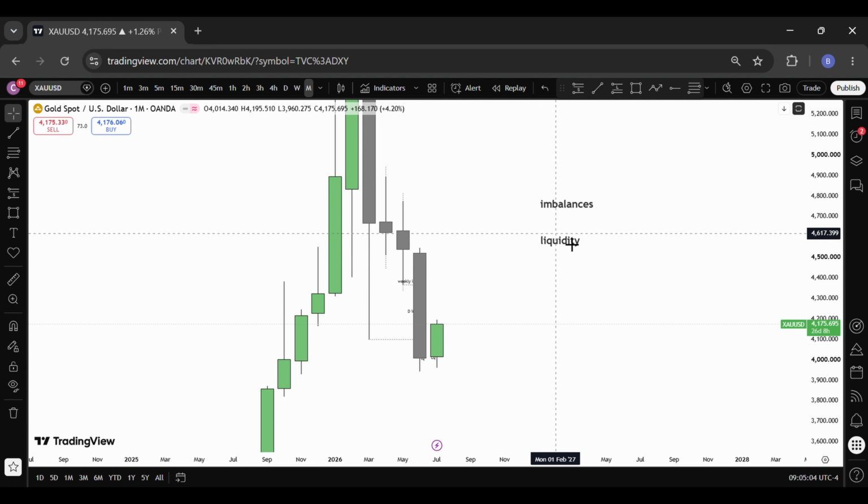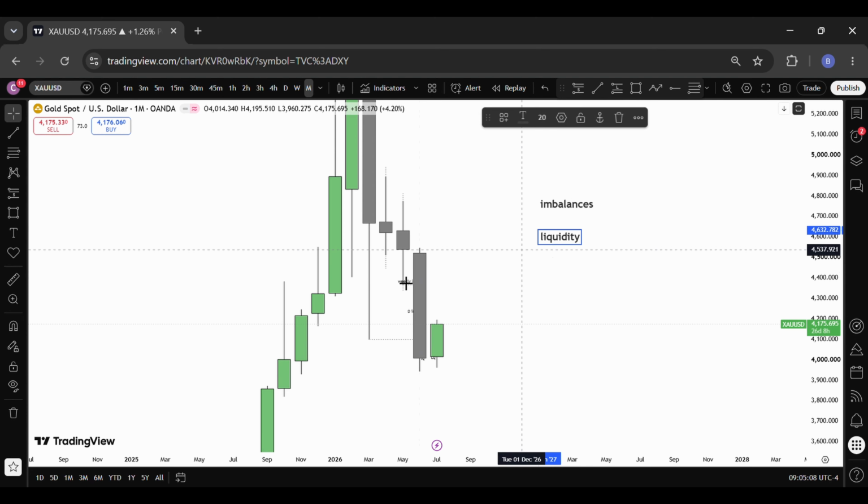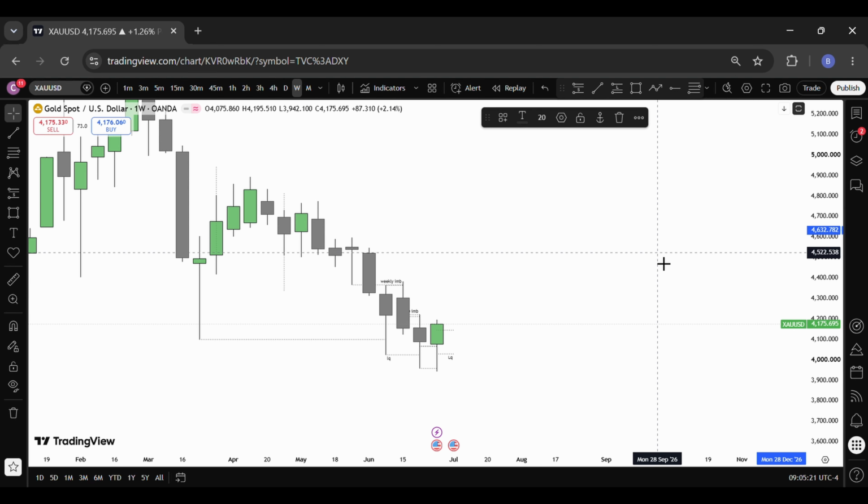These are the two things price would run for, there's nothing more. And price is obviously running for this sell side liquidity, because this is a liquidity. We already have a projection now on the monthly time frame.